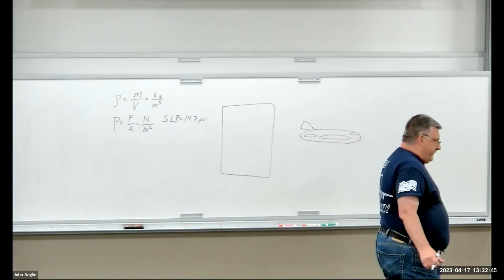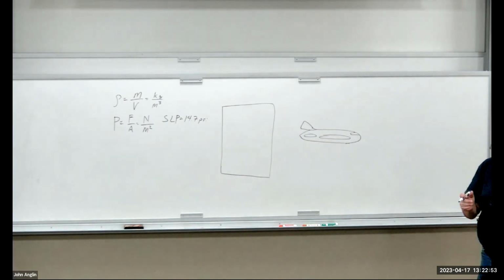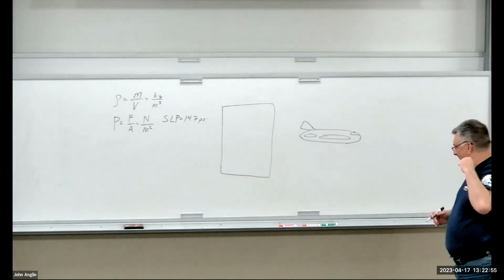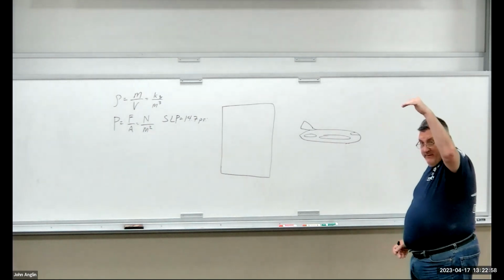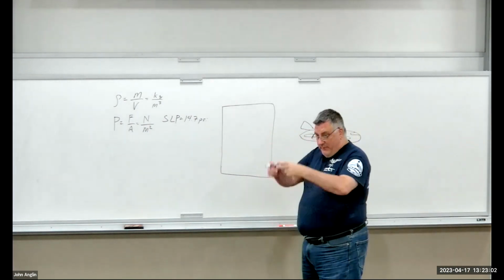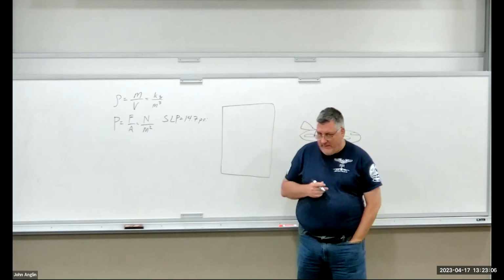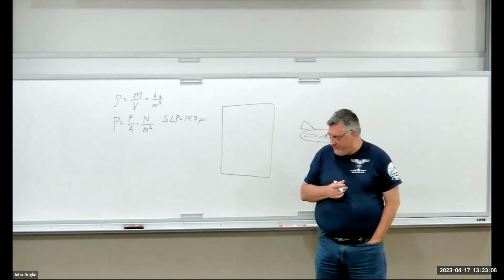So what that means is that if you took a column of air that was 1 square inch in area and infinitely tall up to the edge of space, the amount of air in that column would weigh 14.7 pounds.